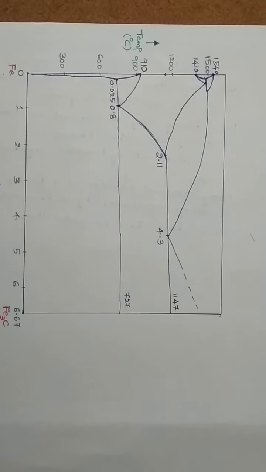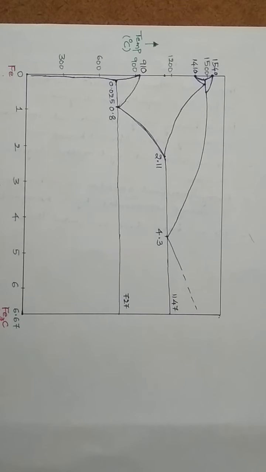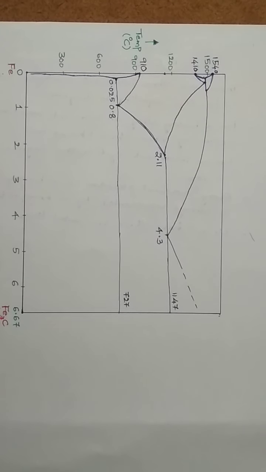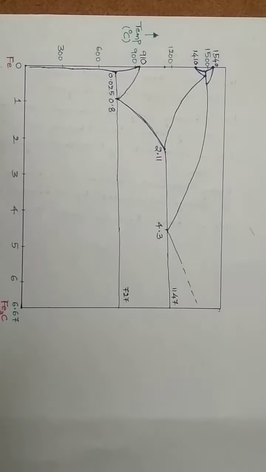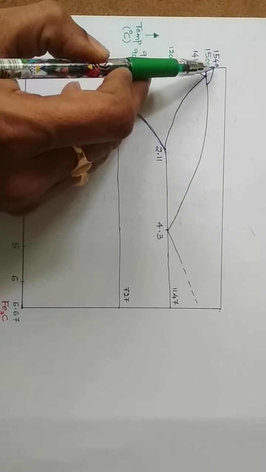Now let us identify the regions and indicate the phases existing in various regions. 1540 is the melting point of iron.